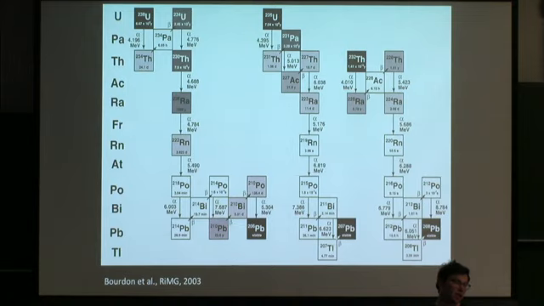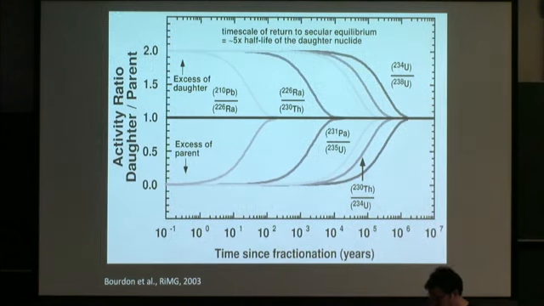That's going to have a strong effect on exactly how these elements get fractionated. But we're pretty certain that the melting process can fractionate them, and then, as Dan said this morning, the recovery of that initial disequilibrium back to equilibrium is controlled by the half-life of the daughter element.